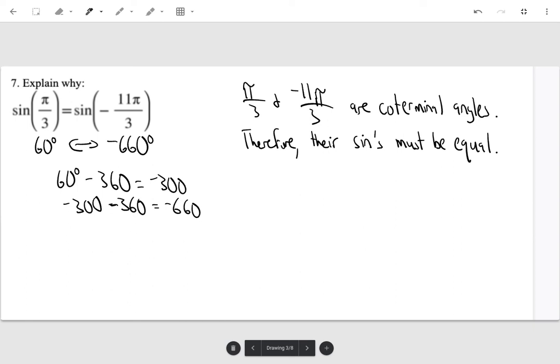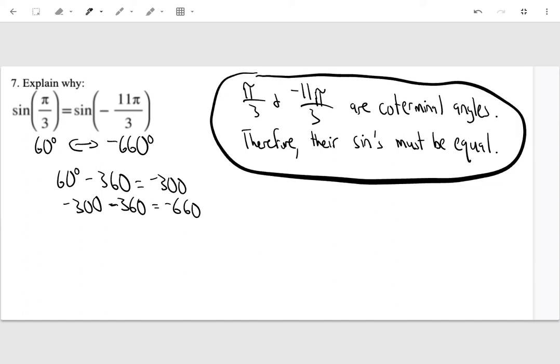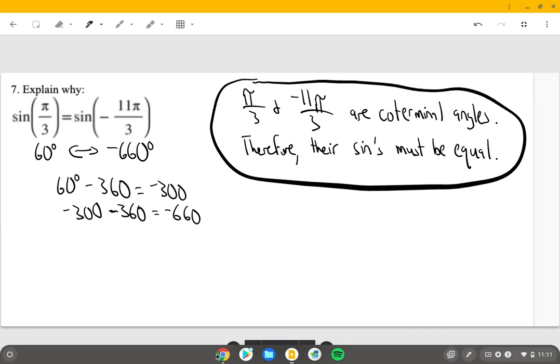If two angles are coterminal, their sines, cosines, and tangents are also equal. So this right here is the explanation. They're coterminal angles, therefore their sines must be equal. And that is it for number 7.